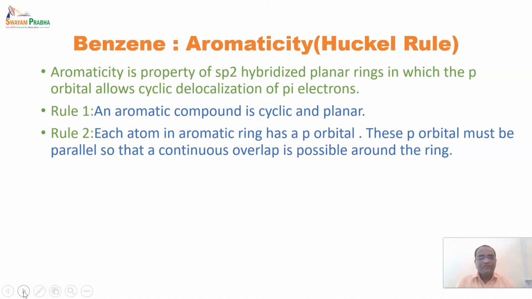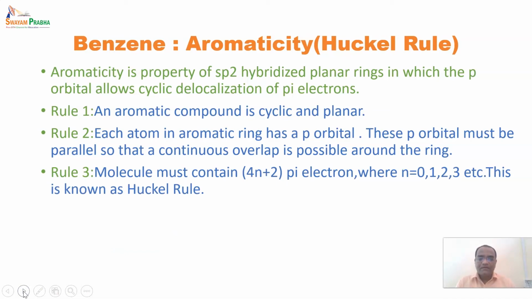Sometimes you will come across carbocationic structures which are sp2 hybridized but have a vacant p orbital. Still, the electrons can flow through that vacant p orbital, because aromaticity itself defines that there should be delocalization of pi electrons in a ring system. Only then can the compound be aromatic in nature.